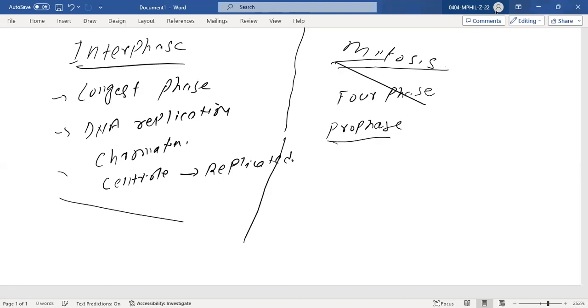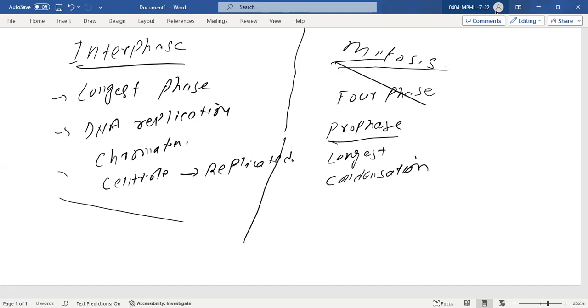Okay, good. So tell me what the changes are here. It is the longest phase, remember, in the case of prophase. The nuclear envelope disappears, the nucleolus disappears. Chromosomes condensation. Yes, condensation of chromosomes at this point.